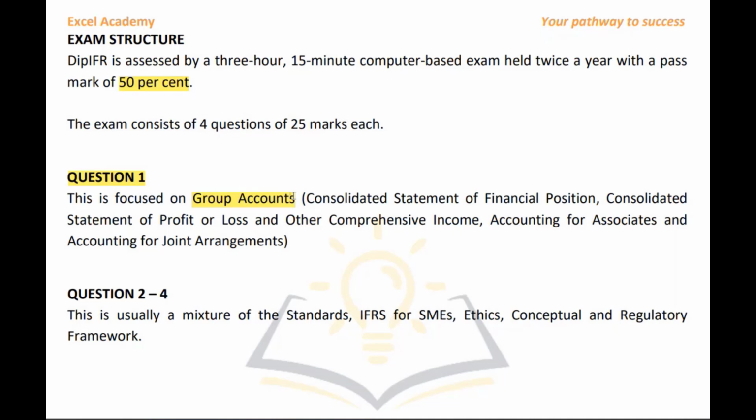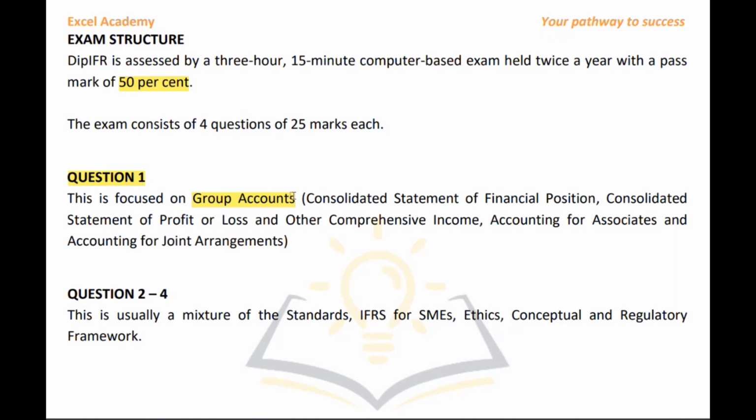But in this class, you will learn both, so that whichever one your examiner comes with, you will be able to handle it perfectly. There are also some attachments like investment in associates, joint ventures and joint arrangements. All those can be attached to the group account question.